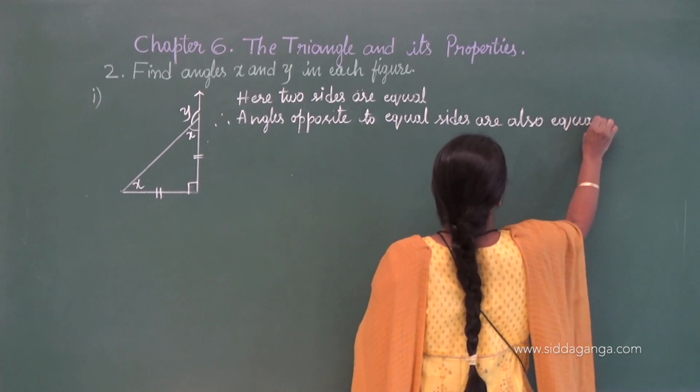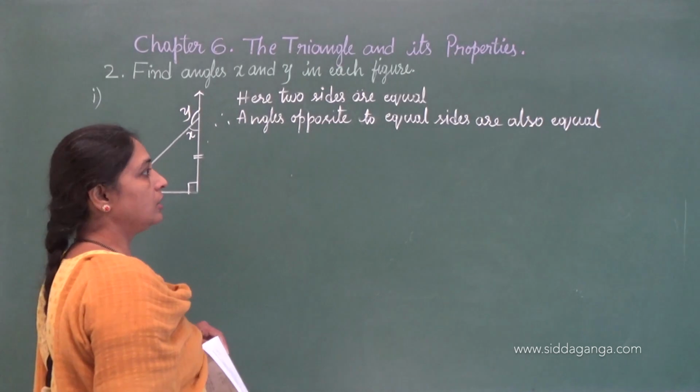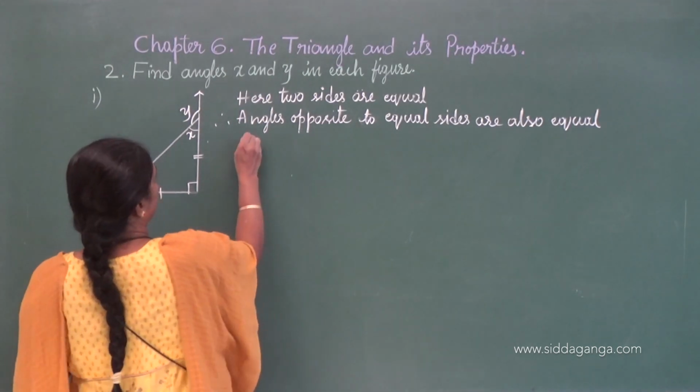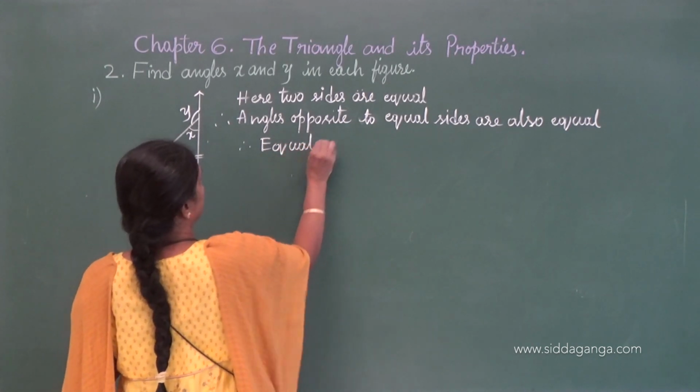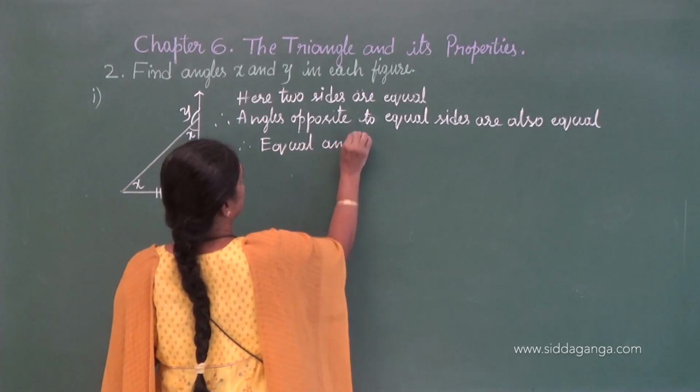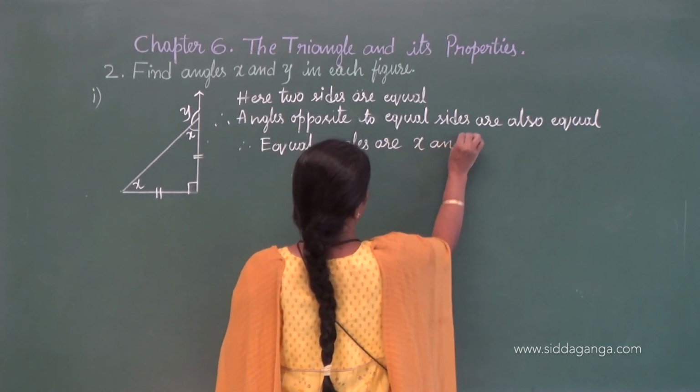We don't know the name of the triangle here, so without that we are doing this. Therefore equal angles are x and x.